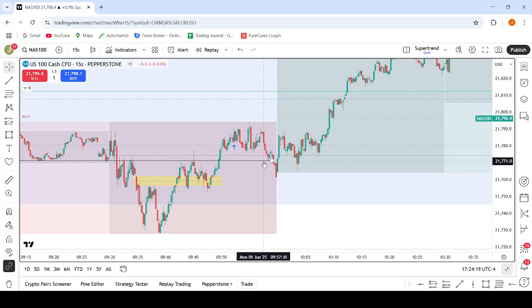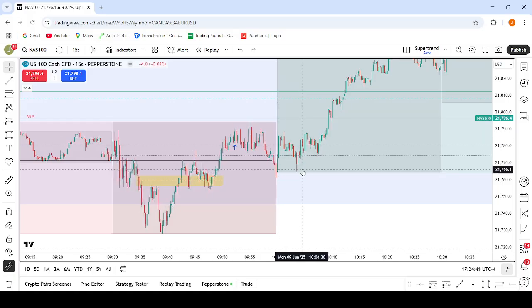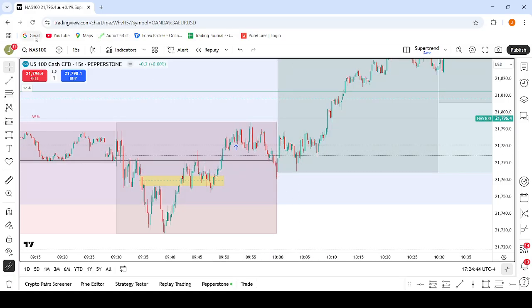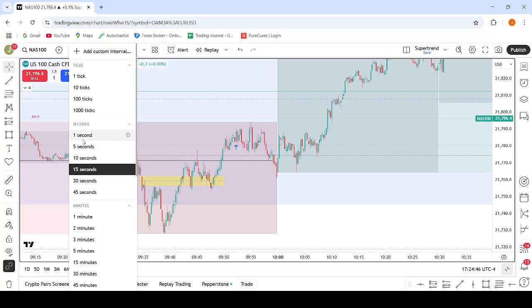If I was cautious, I could have waited until the 10 o'clock. This was obviously our 9 o'clock open. We're above it. We've dropped down in here. 10 o'clock opened up. The 10 o'clock candle is acting as an order block, and let me just go back to the 1 minute.